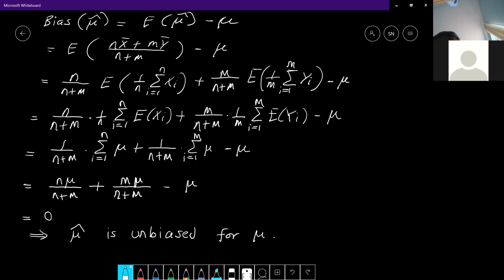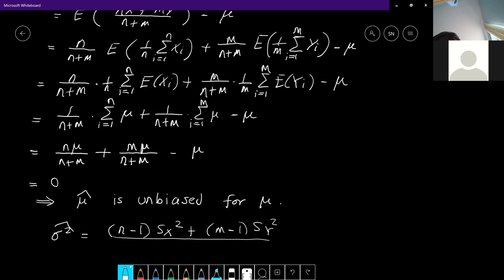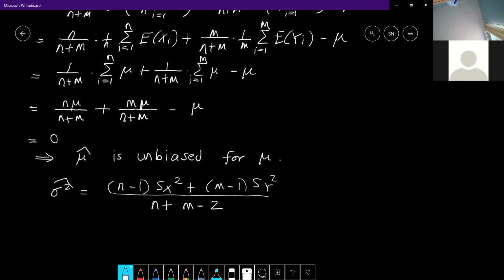All right. Next one, I also want to show that you have an estimator for sigma squared, which is given as n minus 1 times the sample variance for the x's plus m minus 1 times the sample variance for the y's, divided by n plus m minus 2. Now, I'm sure you guys know the formulas for the sample variances.